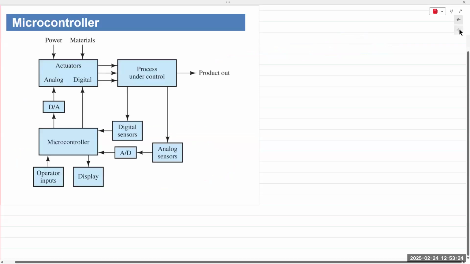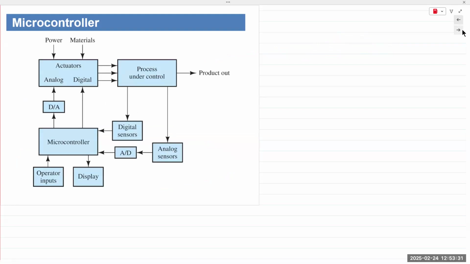And then we have microcontrollers. Microcontrollers are basically a smaller, compact computing system which can integrate CPU, memory, plus storage, all inside one chip.